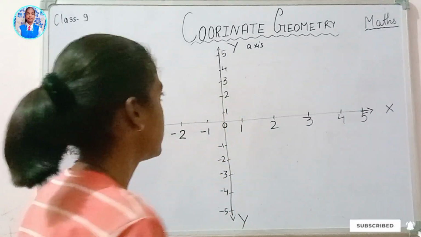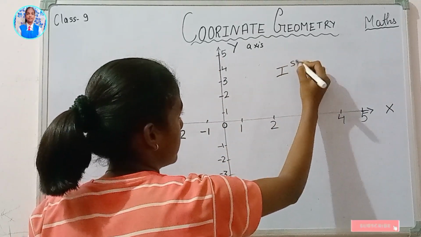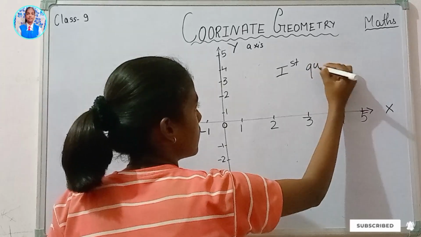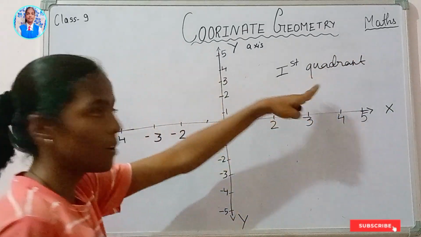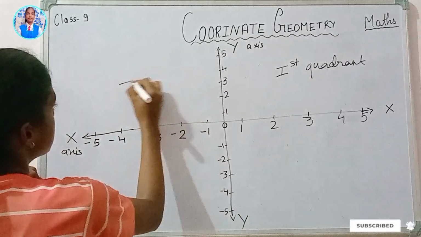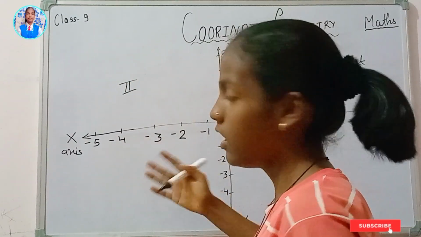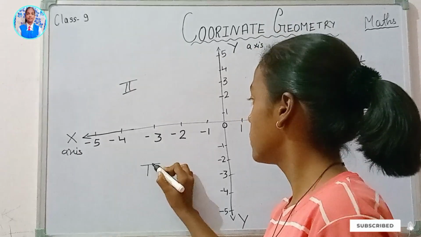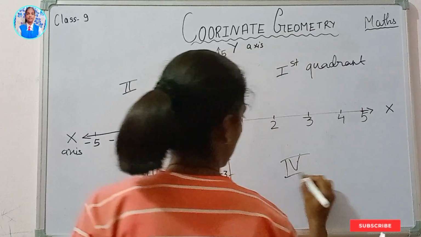After that, this is the first quadrant. Then moving further, this is the second quadrant. After that, the lower one is the third quadrant. And at last, this is the fourth quadrant.